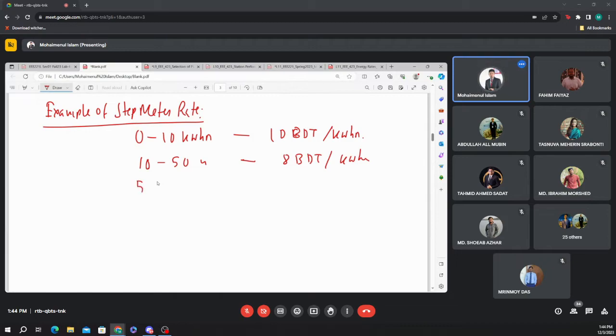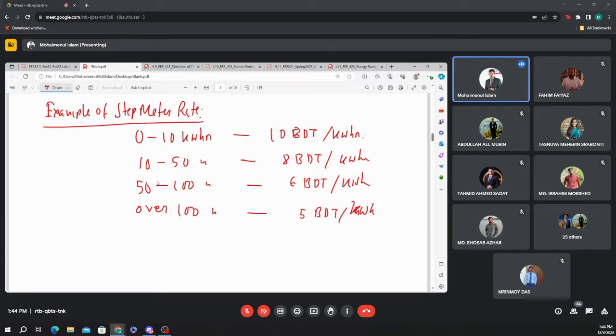If you use 50 to 100, the price is less. Price is less than the previous one. The higher the energy, the price should be less. And for over 100, the price is 5 paisa per kilowatt hour.